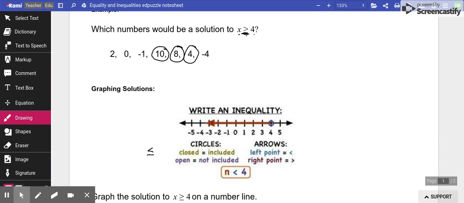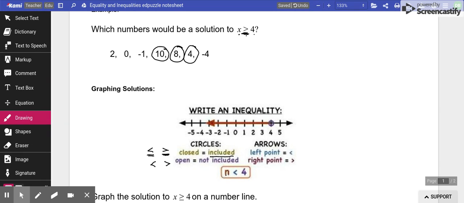This occurs when you have less than or equal to or greater than or equal to. The equal to means the value is included in the solution. When the value is not included in the solution, then we use an open circle. This is going to occur when you have less than or greater than.